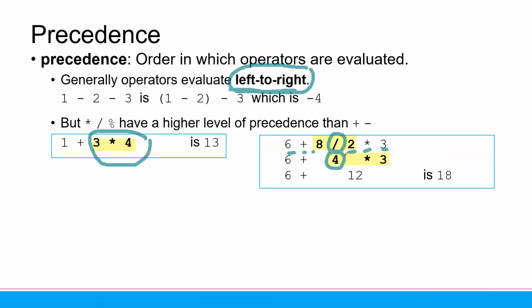After we get 4, we do the multiplication: 4 multiplied by 3 is 12. After we get 12, we do the addition with 6. Then the result is 18. Okay, so that's the precedence.